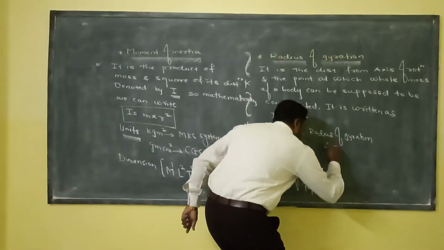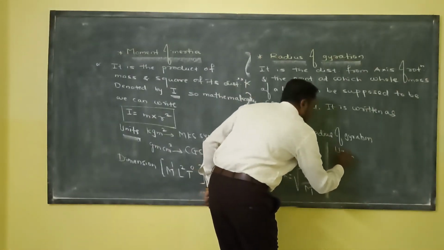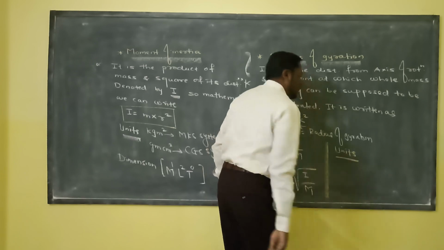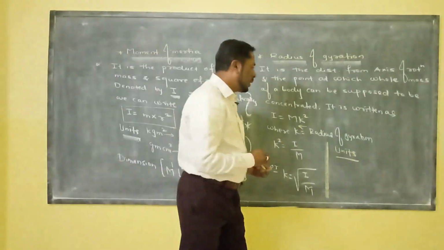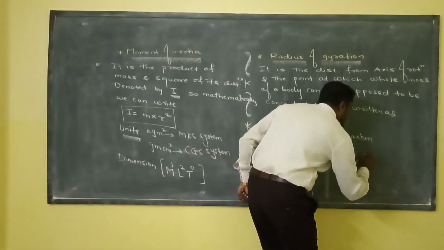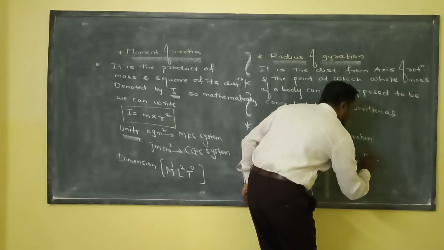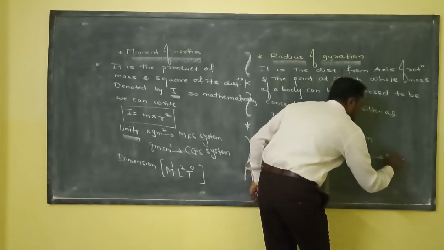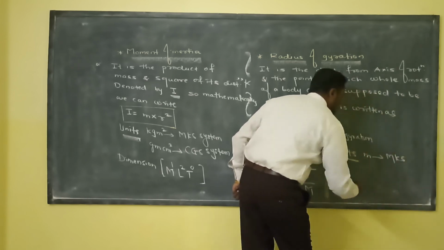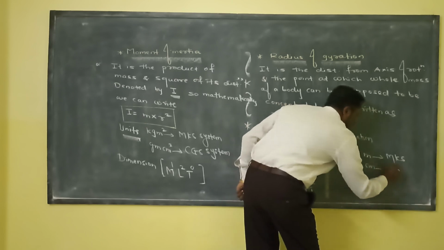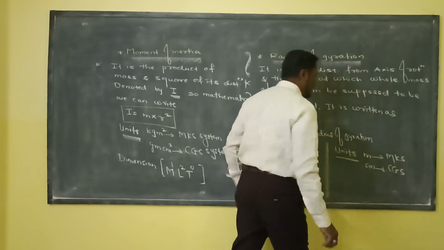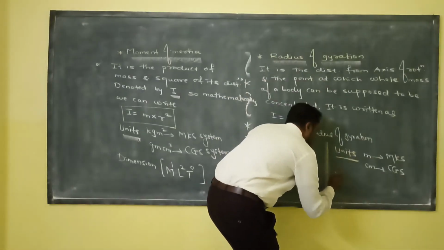Now, its units. Radius of gyration is measured in meter in MKS system and centimeter in CGS system. What are its dimensions?